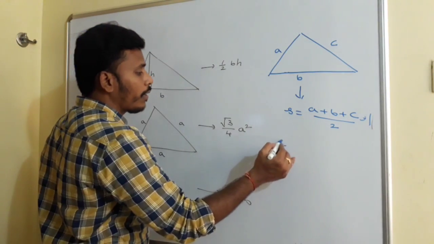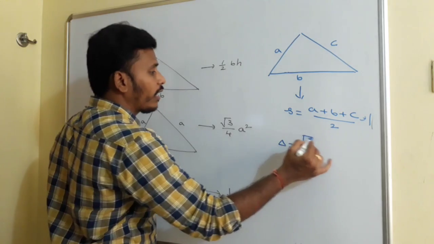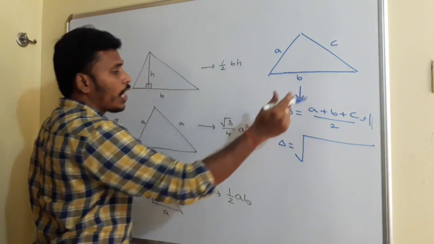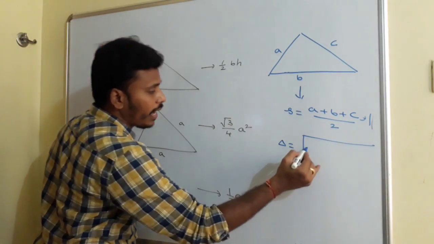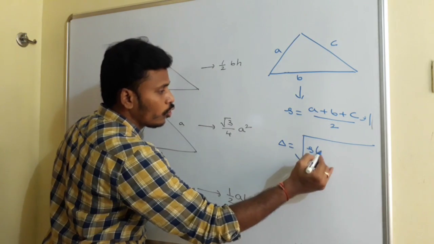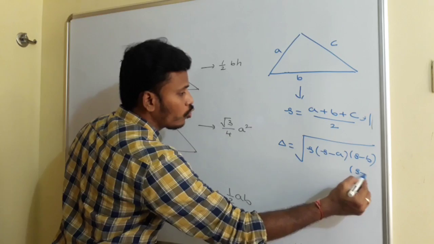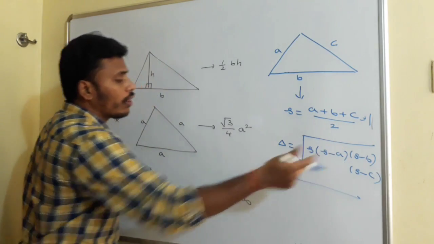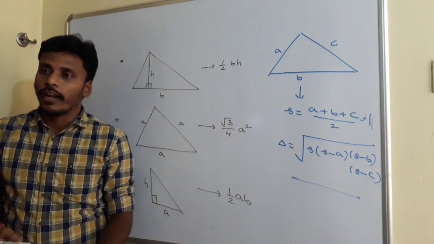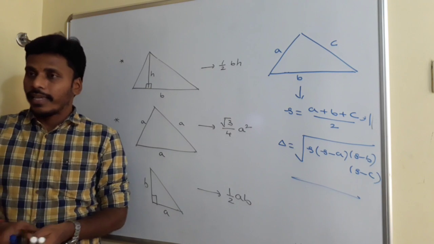After having the semi-perimeter S, the area of the triangle is root of S into S minus A into S minus B into S minus C. The product of all these four values under the square root represents the area of the scalene triangle.